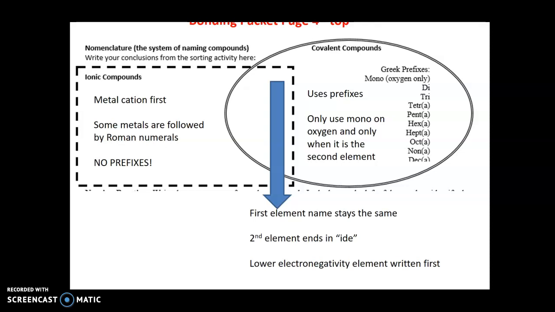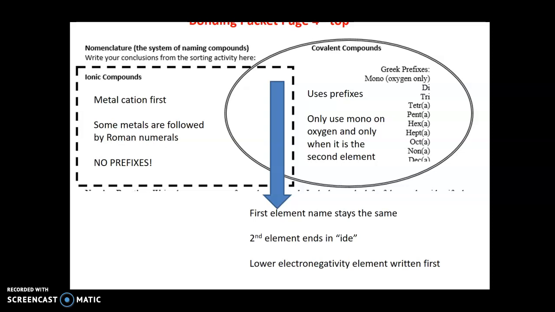So this is a summary for the top of page 4 of your Intro to Bonding packet. For ionic compounds, we name the metal cation first, and some of those metals are followed by Roman numerals. And we'll discuss further how to decide which ones need Roman numerals and what the Roman numerals should be.